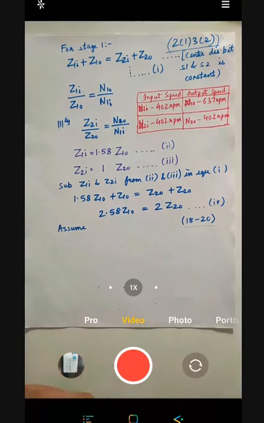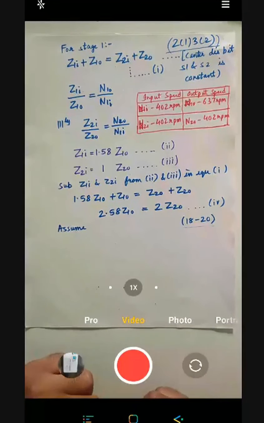Whichever element or whichever teeth is having a higher multiplication factor, for that you have to assume the minimum number of teeth. Right?